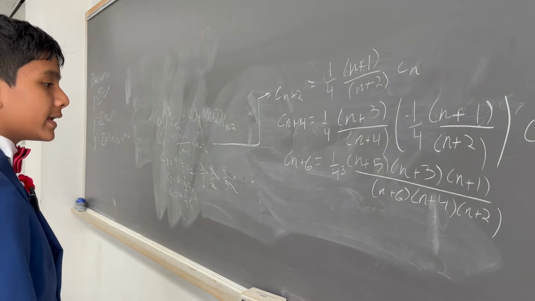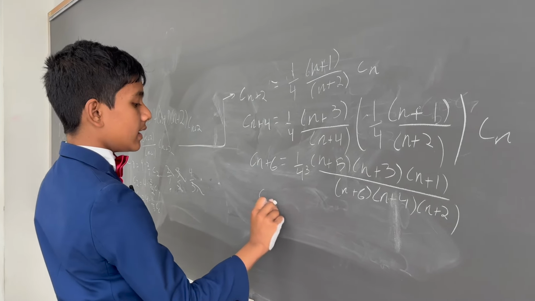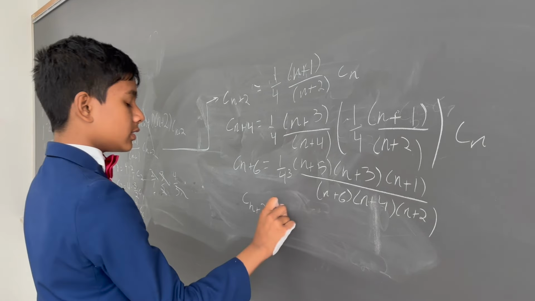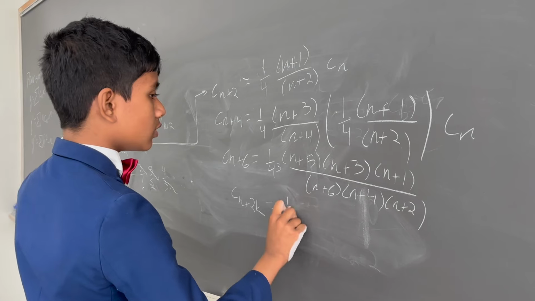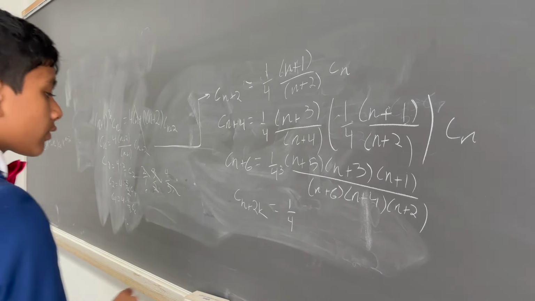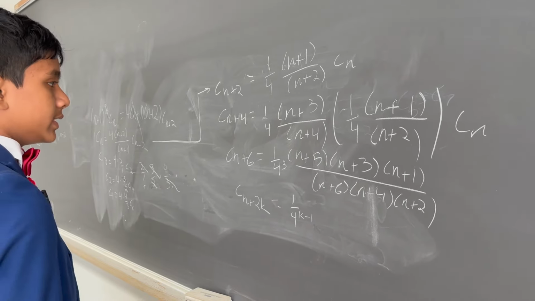So what are we getting at the end of the day? Cn plus 2k is equivalent to 1 over 4 to the k, as you can see over here.